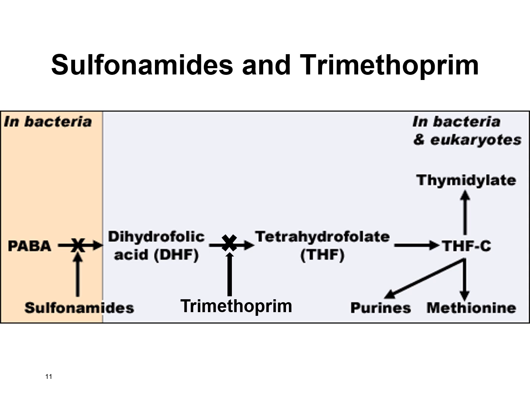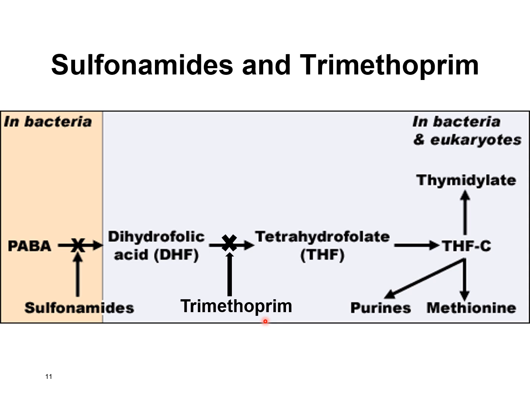Okay, and this shows the metabolic pathway for taking the PABA substrate that we start with. Here the sulfonamides are blocking this first enzyme in the pathway. And here's trimethoprim, and it's going to block the second enzyme in the pathway.